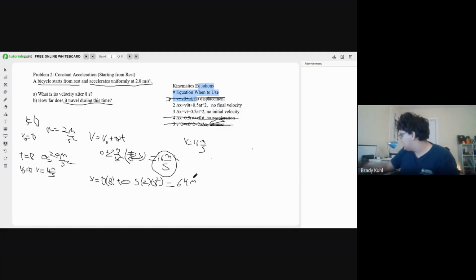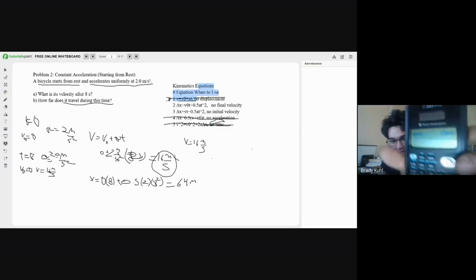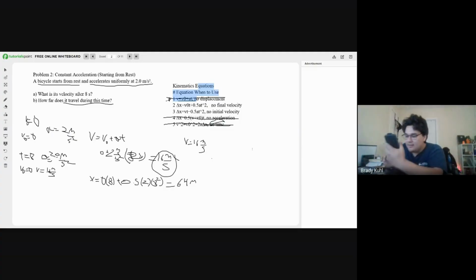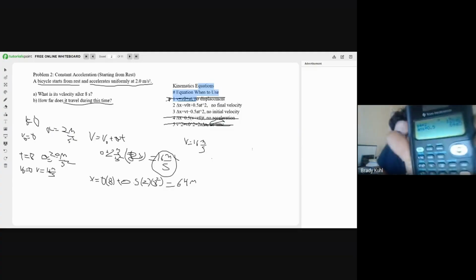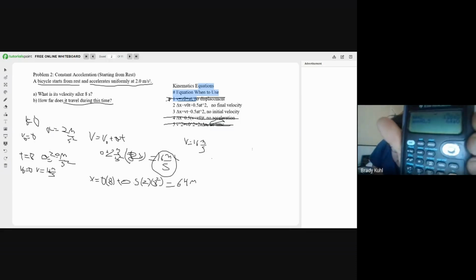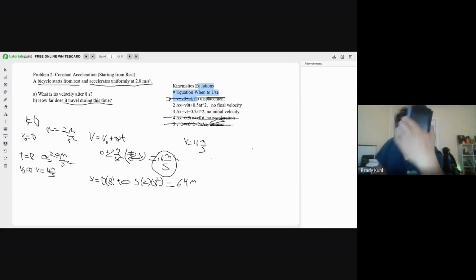Let's double check. 64 times 2 is 128 times 0.5, 64 meters.